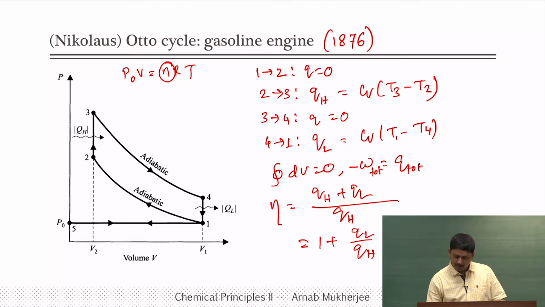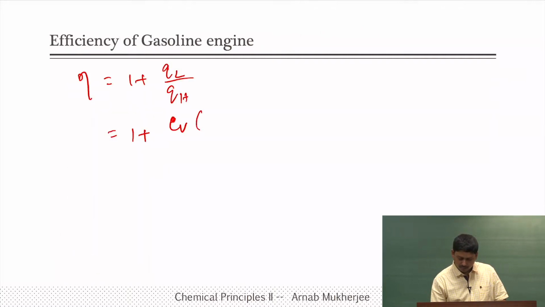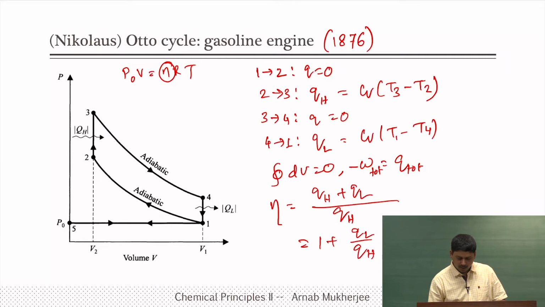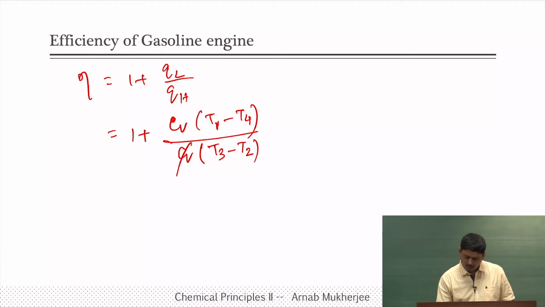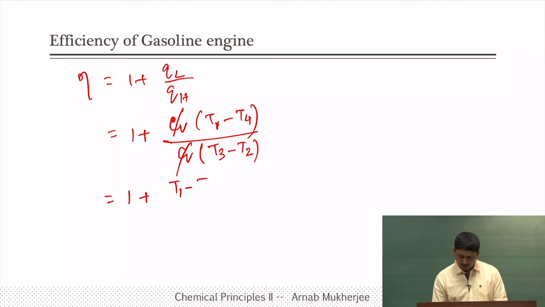QL is CV (T1 minus T4), and QH is CV (T3 minus T2). So, eta is 1 plus (T1 minus T4) by (T3 minus T2).